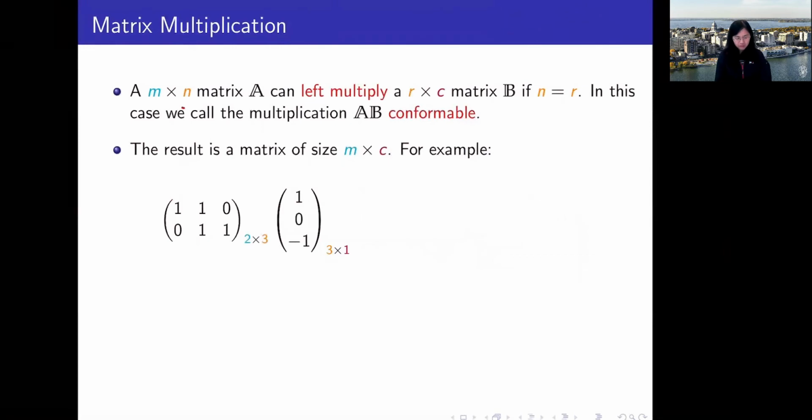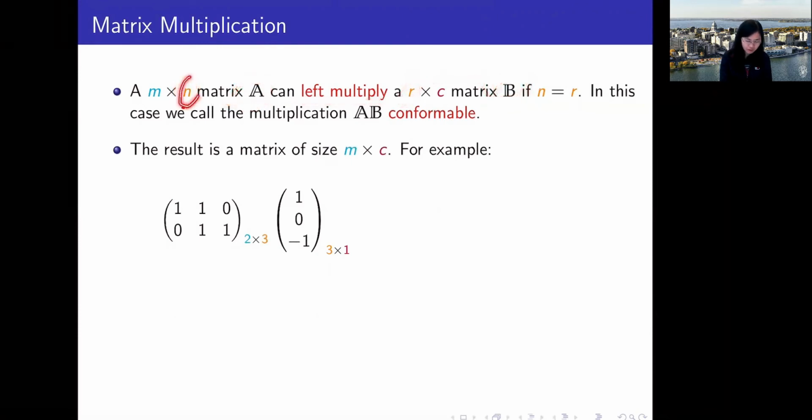All right, so now something a little bit more complicated. We can also do matrix multiplications. That is, we can multiply a matrix to another matrix. A matrix A can left multiply a matrix B if the number of columns for the first matrix is the same as the number of rows for the second.